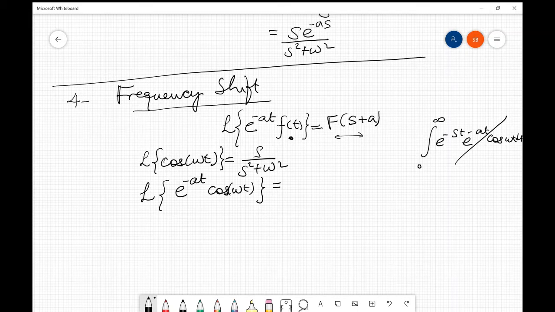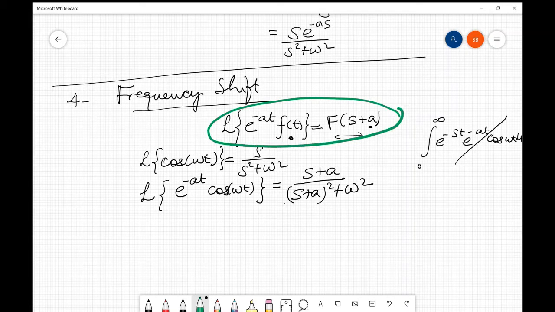We would compute F of s plus a. In the place of s, we substitute s plus a. So it will be s plus a over s plus a squared plus omega squared. That's because we have this frequency shift property.